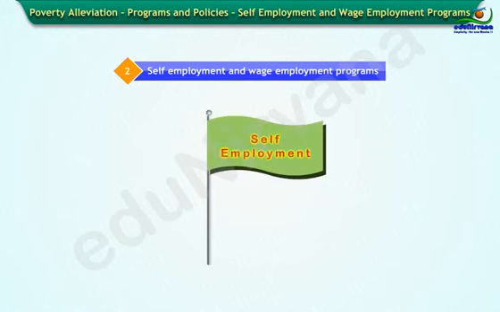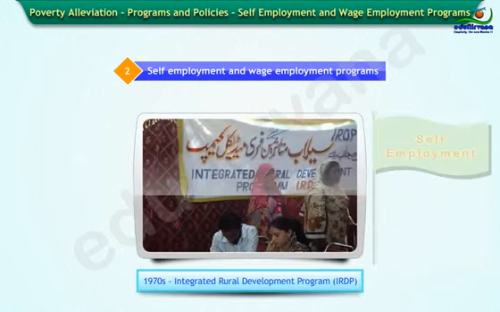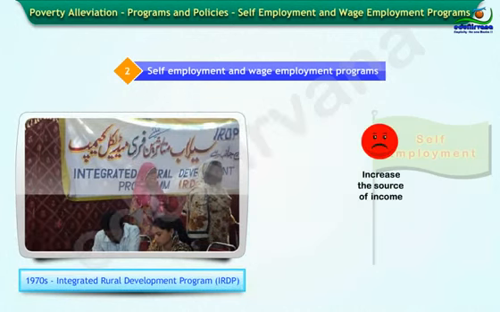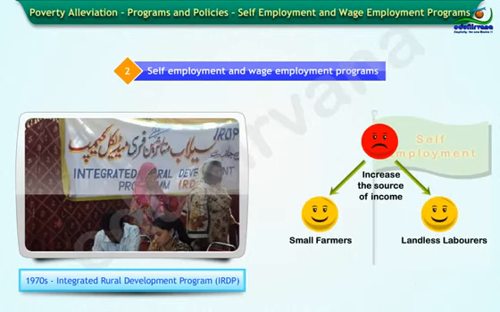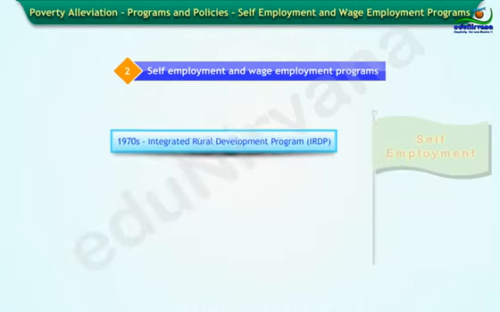Self-employment program. This program was started in the 1970s in rural areas of the country in the name of Integrated Rural Development Program, IRDP, to increase the sources of income of small farmers and landless laborers.